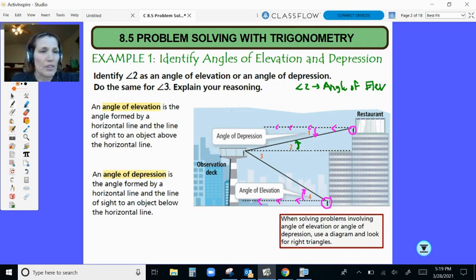Angle 3, if I'm going from this dashed horizontal line of sight right here, I'd have to look down. And so angle 3 would be my angle of depression. Okay? And so that's how you tell what angle of depression or angle of elevation is.